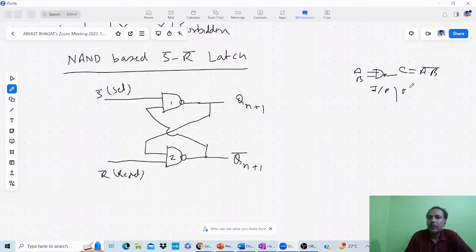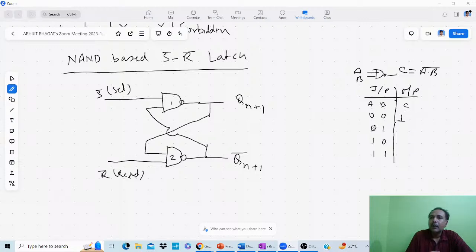Input is AB, output is C. First write the inputs: 0 0, 0 1, 1 0, and 1 1. For 0 0, 0 into 0 is 0, then 0 bar means 1. Here it is 1.